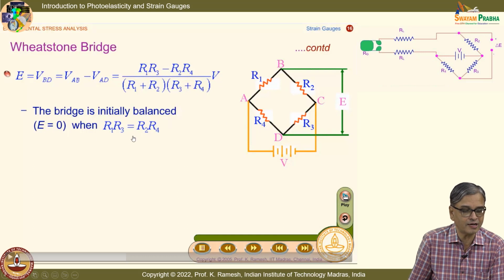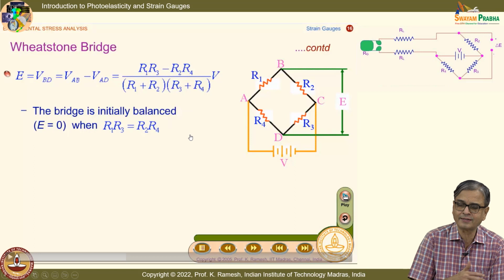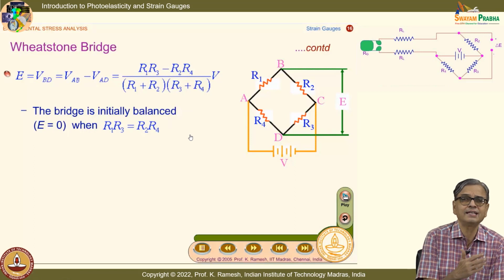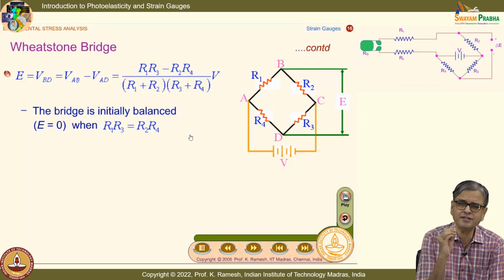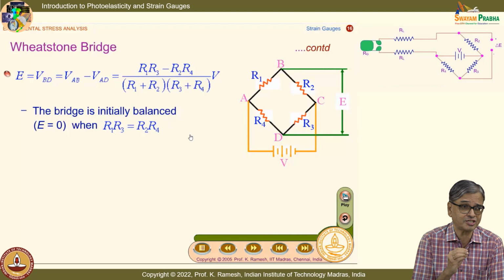I have R1 R3 equal to R2 R4. So, one thumb rule is you make these resistances R1, R2, R3, R4 equal to start with, and you make the null balance measurement, which is very, very accurate, and you have to keep in mind that we are measuring extremely small changes, which we are not accustomed to. Fine. So, you have to understand every aspect is important.